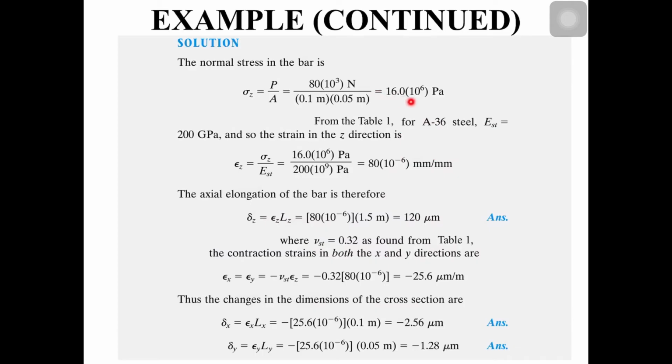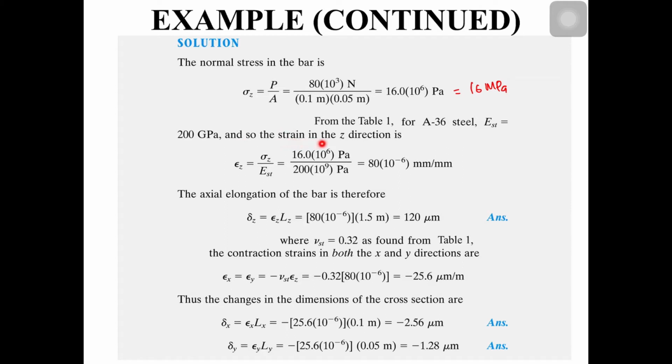So you get the value 16.0 times 10 to the power of 6 Pascal, or 16 megapascal. From table 1 for A36 steel, E is the modulus of elasticity, or Young's modulus, which is 200 gigapascal.